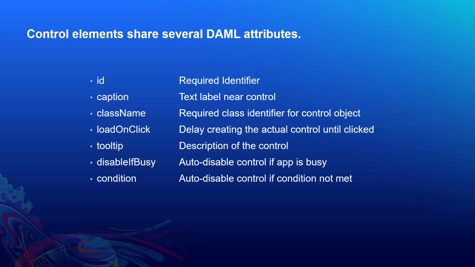The condition attribute automatically disables the control if the condition is not met, for example, if the control is not needed for the current context. And the key tip is the key for the key tip navigation mode used for accessibility. We'll see a number of these attributes in our demo later on.